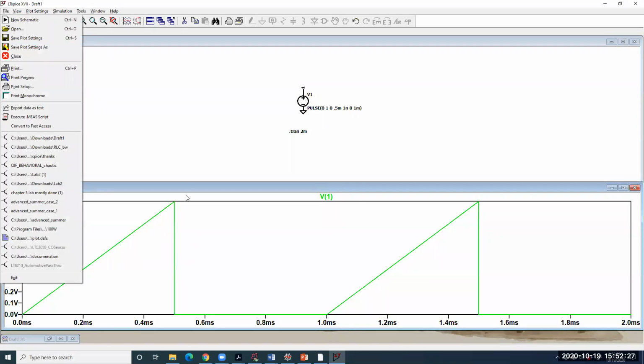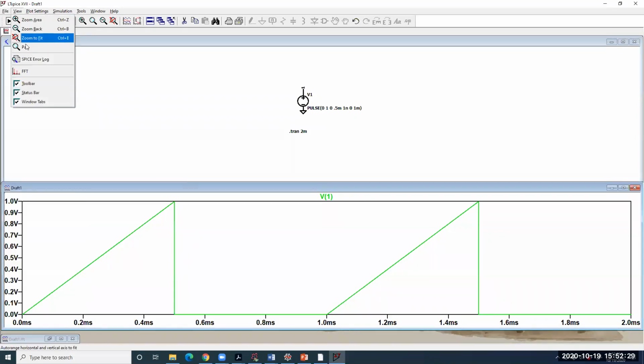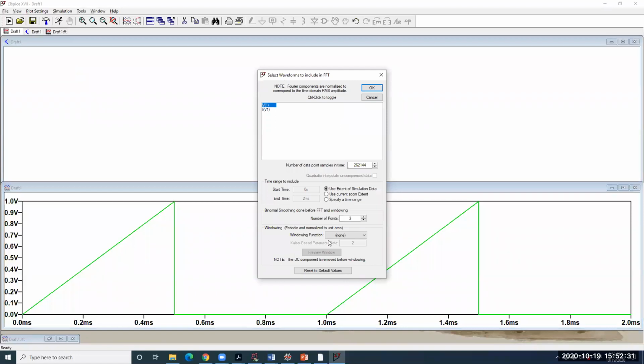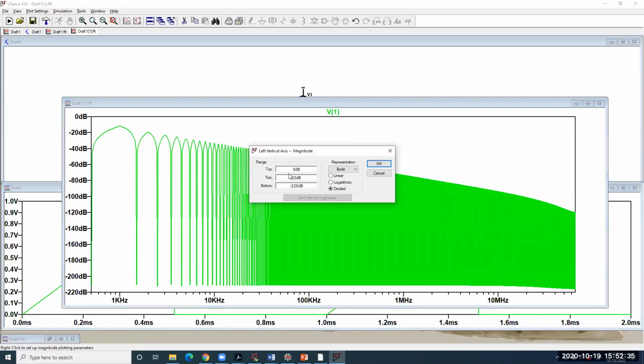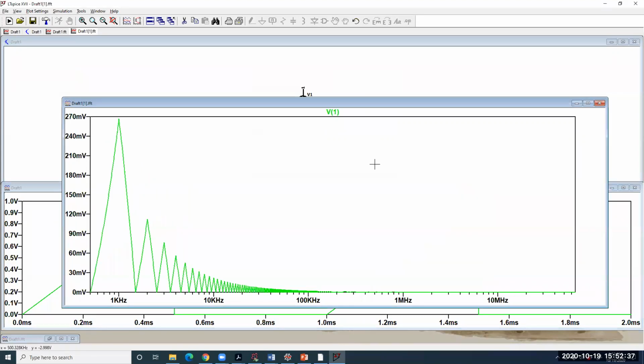And we can even see the Fourier transform. All right, so there's our first peak. And this is actually the transform. You have a peak at every harmonic.